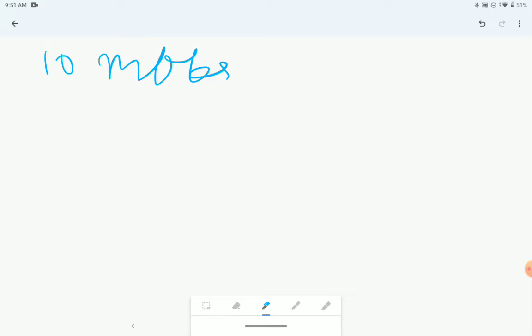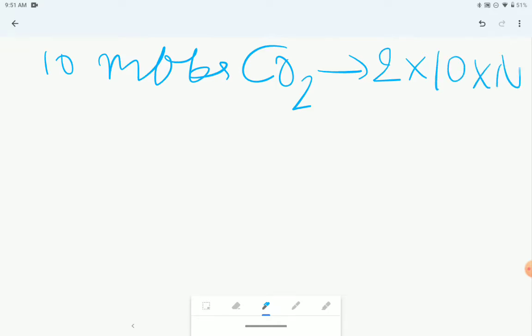As one molecule contains two oxygen atoms, it is 2 into 10 into Avogadro number of oxygen atoms. So 20 into Avogadro number of oxygen atoms are present in 10 gram molecules of CO2.